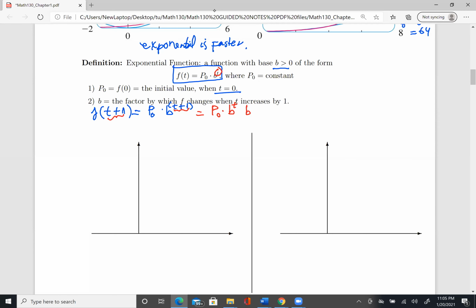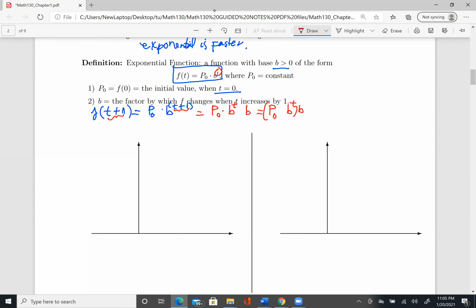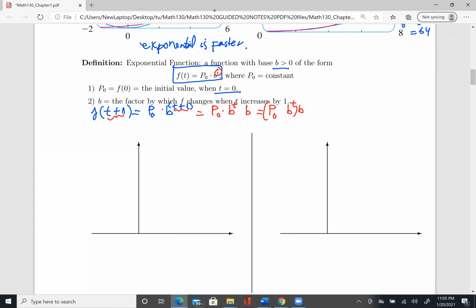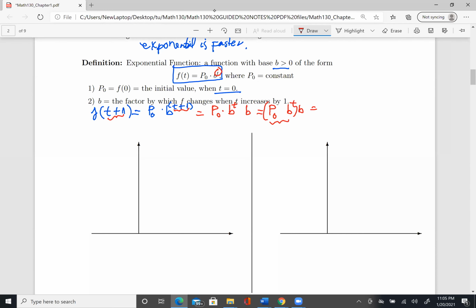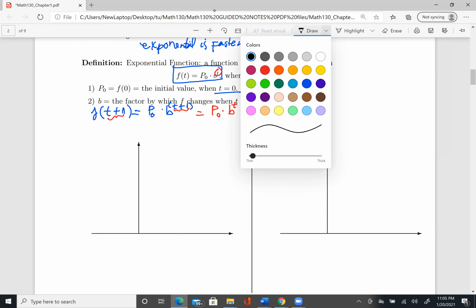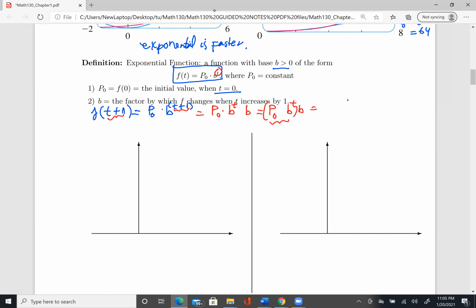Let me slow down and add one more step so you can understand. b to the t plus 1 can be rewritten as b to the t times b. So now I have p0 times b to the t, with a parenthesis here so you can see that this is actually f of t, and now it's multiplied by b.